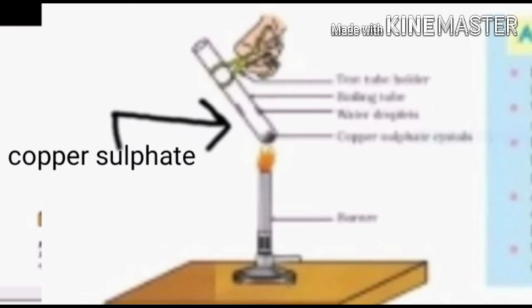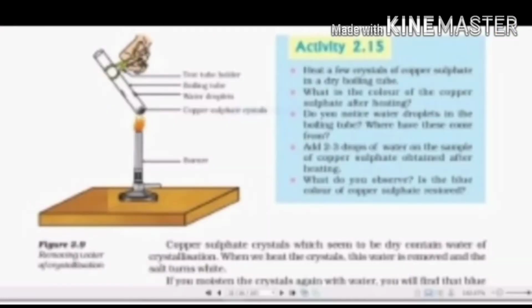The color of this copper sulfate salt is blue. Now, we will heat the test tube containing copper sulfate crystals and we will observe what happens after heating. After heating, we can see some droplets of water in the test tube.